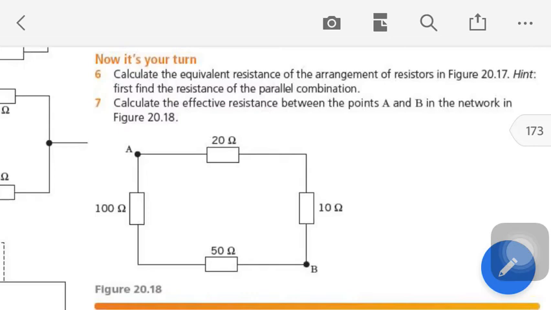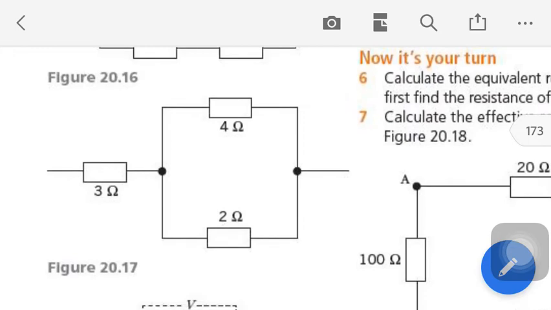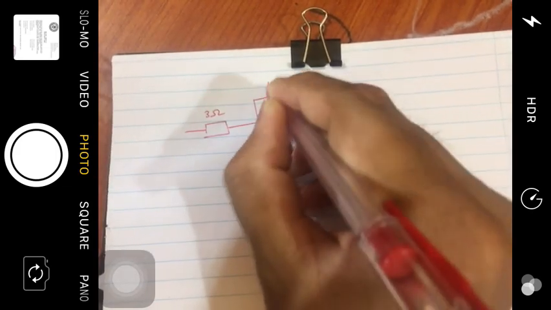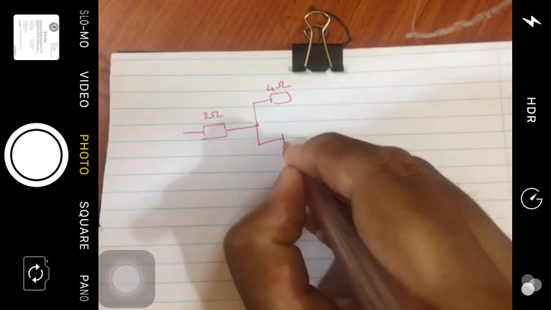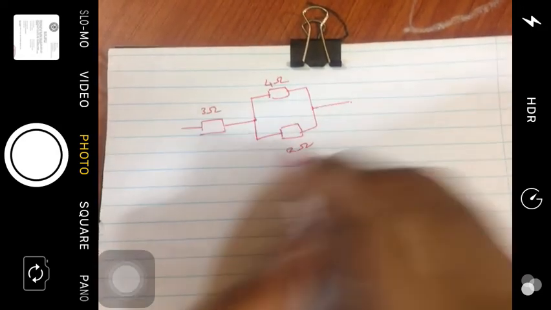You have to calculate the equivalent resistance of the arrangement in figure 20.17. So in 20.17, you have a 4 ohm and a 2 ohm and then a 3 ohm. First let me calculate the equivalent resistance of the 4 ohm and 2 ohm, the parallel part.